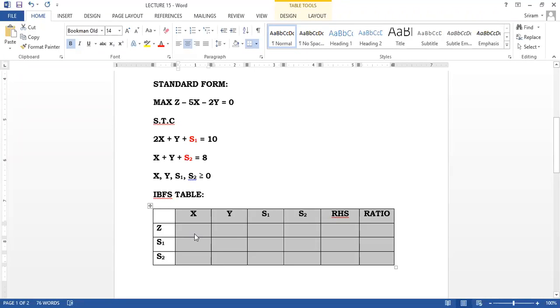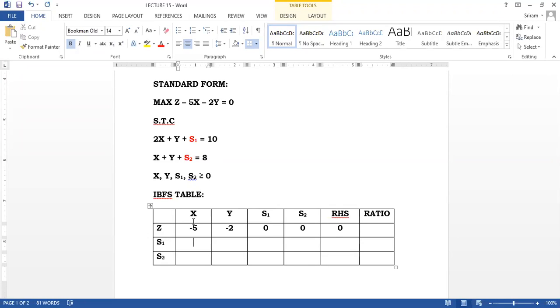What is the meaning of this? I am going to check the value of X in Z: here the value is -5. The value of Y in Z is -2. I don't have any S1 value, any S2 value, and there is no RHS, so my RHS value is 0. Next is for the constraints. I am having two constraints, S1 and S2.